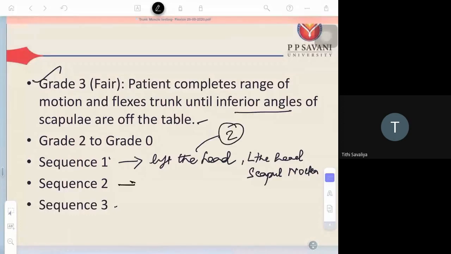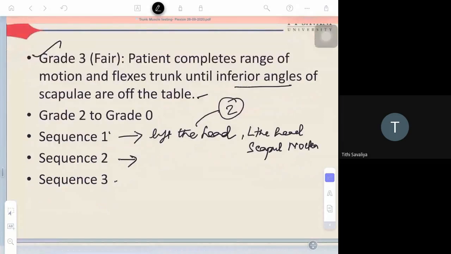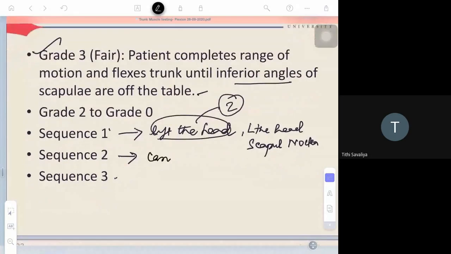What is the next sequence? If the patient cannot lift the head, but the ribs depress, then also the muscle power is 2.